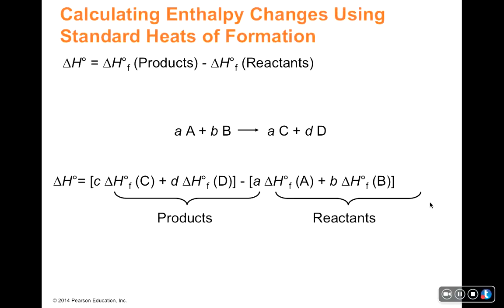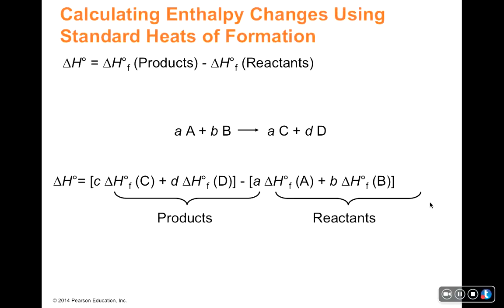Written below here is just a generic form. The small letters indicate the coefficients in front of any of your reactants or products, and the capital letters are the reactants and products.